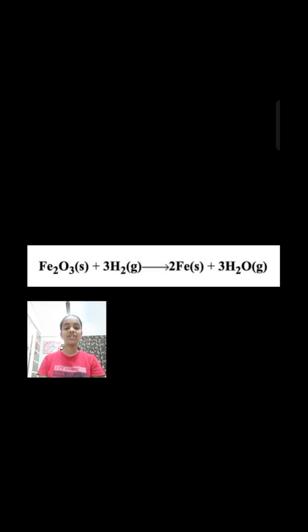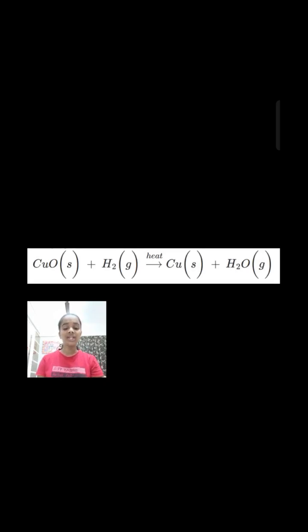Now we will see reaction with metallic oxides. When hydrogen is passed over heated metallic oxide, it removes oxygen from the metallic oxide to form metal and water. For example, iron oxide reacts with hydrogen to form iron and water. Fe2O3 + 3H2 gives 2Fe + 3H2O. When hydrogen is passed over heated copper oxide, the black compound turns reddish brown.